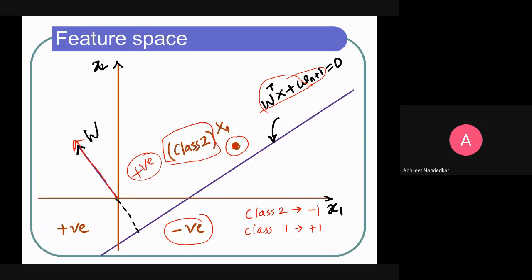As you know, the perceptron activation is sign of W transpose X. So if I take a sample or a point from this side of the line, then I am going to produce a positive result. This sample is above the line, so it will produce positive. But I want negative here because my sample is class 2. So what is to be done?